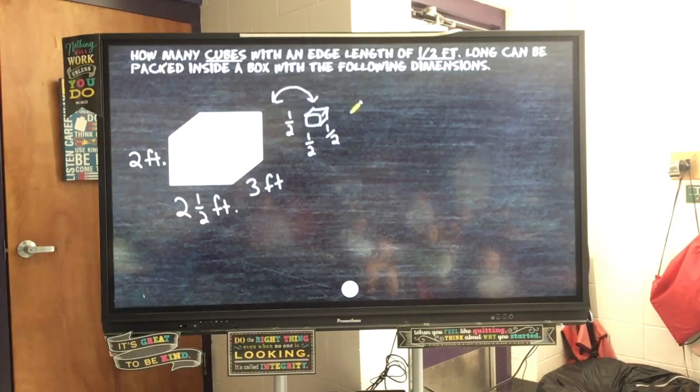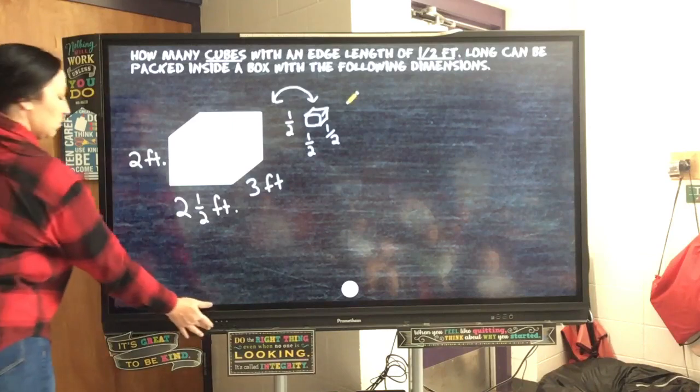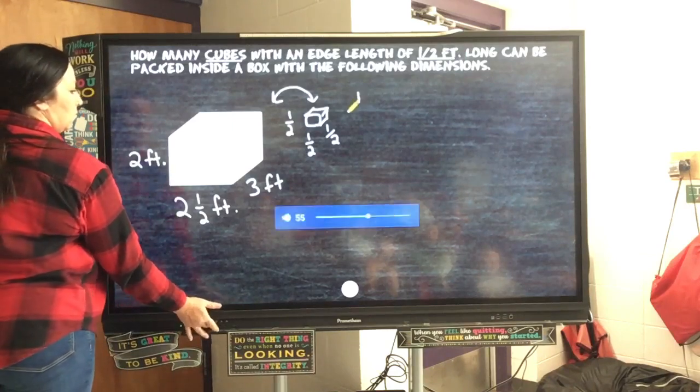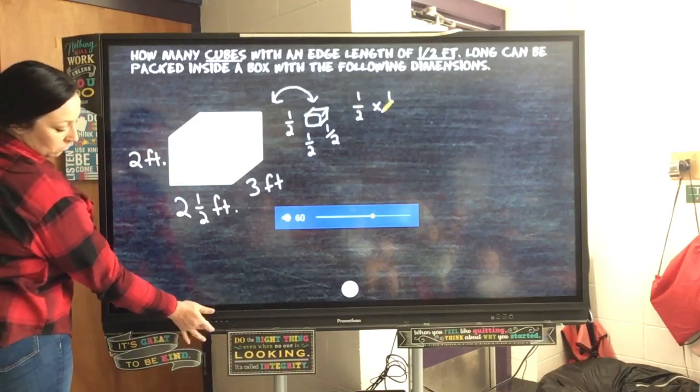The first thing that we should realize is that the length, the width, and the height of the cube all have a length of 1/2 of a foot. So to find the volume of this cube, we can multiply 1/2 times 1/2 times 1/2.